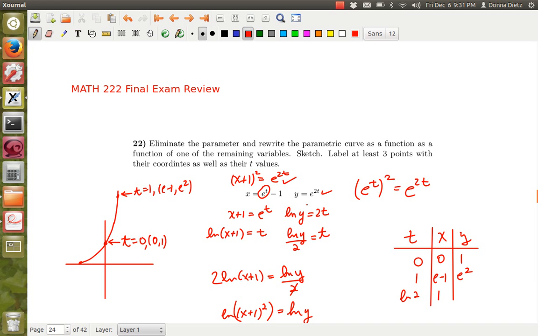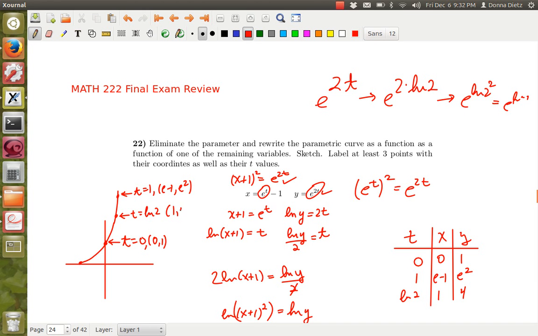And if we put natural log of 2 in here, so if e to the 2t, then what happens is it becomes e to the 2 times natural log of 2, then that becomes e to the natural log of 2 squared, which is e to the natural log of 4, which is just going to be 4. Okay? So somewhere in here, you're going to get t is equal to natural log of 2, and then you're going to get 1 comma 4. And then you're like, okay, well, at least I'm getting some normal points. I may have to put in a natural log, but I'll get some normal points, and maybe I'm done.